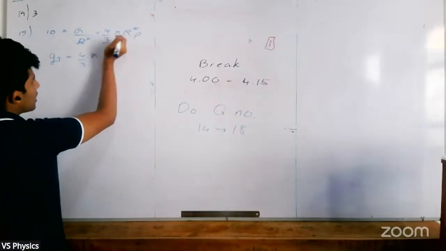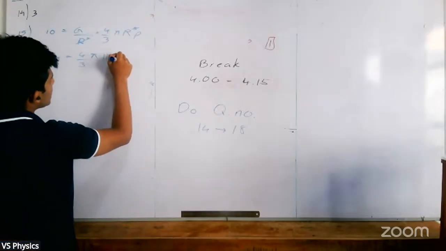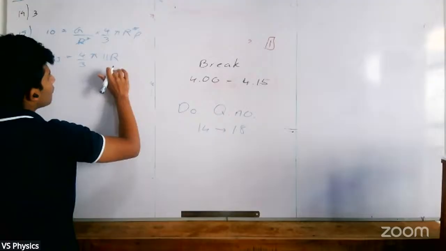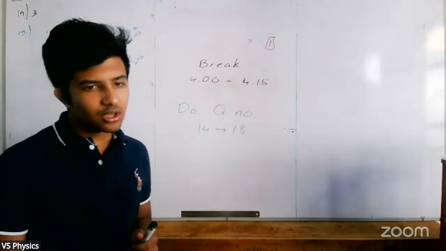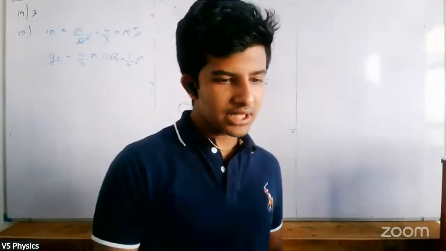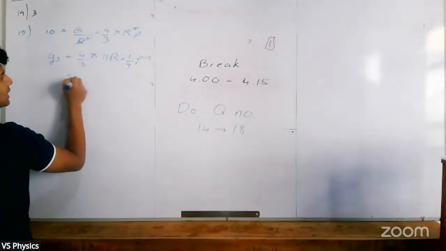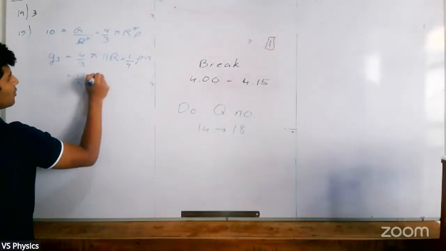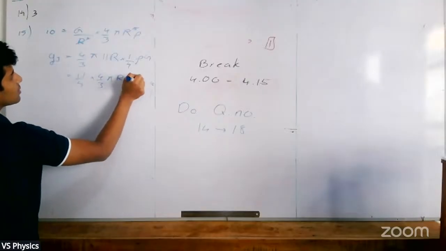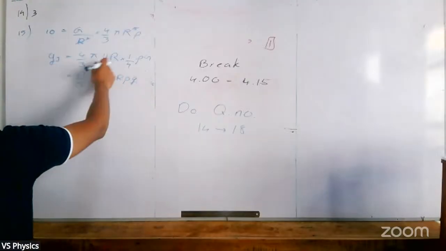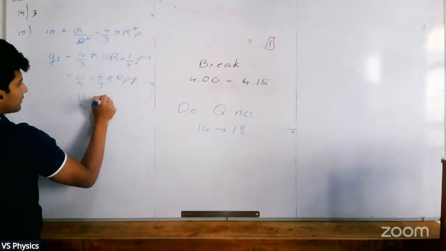But the issue is our radius is 11 times, and 1/4 is our rho value, density. And we have g. This we can easily write as 11 over 4 times 4 over 3 pi r rho g. Now, 4 over 3 pi r rho g is equal to 10. So we can write 11 over 4 times 10.